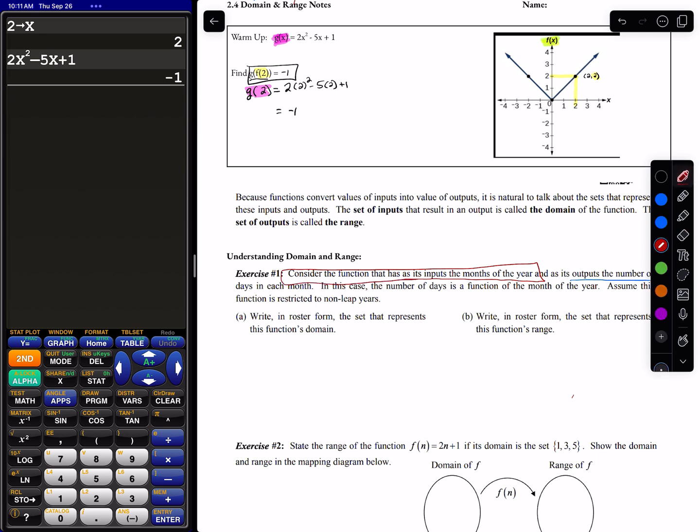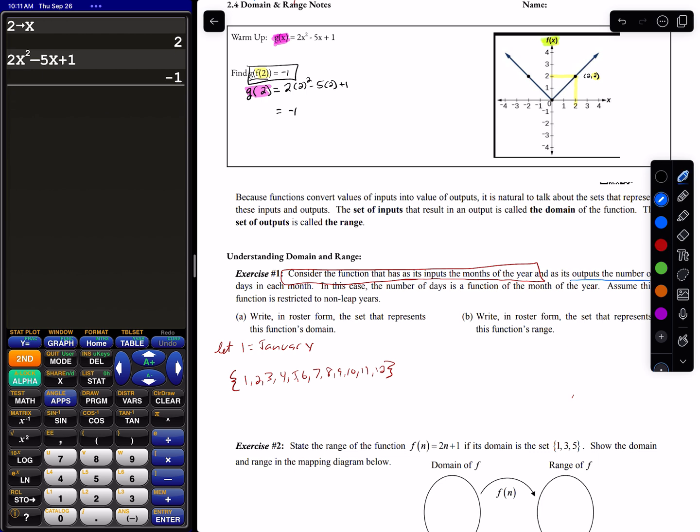So I'm going to say let 1 equal January, and then 1, 2 for February, 3, 4, 5, 6, 7, 8, 9, 10, 11, and 12 is December. And if you really wanted to, you can write out the names themselves.